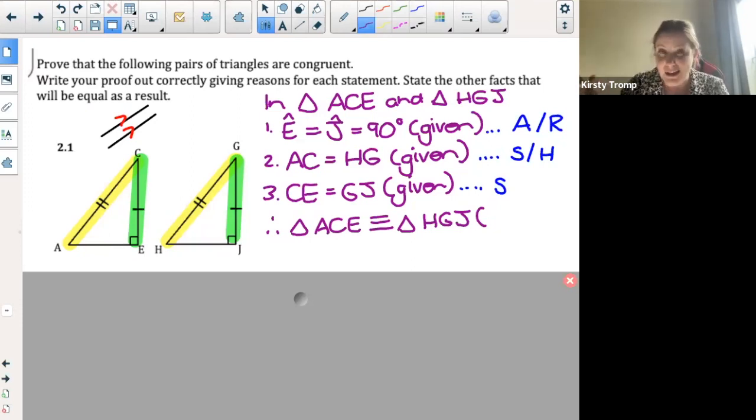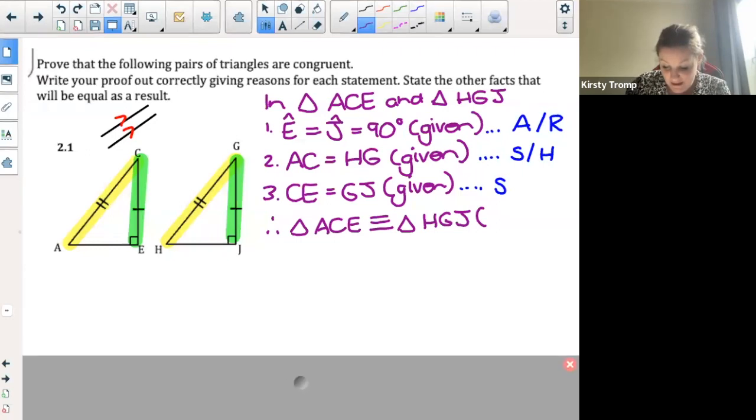Again, in this case, I don't have SAA here. The third one you can use is, like somebody said there, ASS or SSA. But for you to have side, side, angle, or side, angle, side, which is actually the way I like to have it, which is similar here because we've got an angle, a side, and a side.